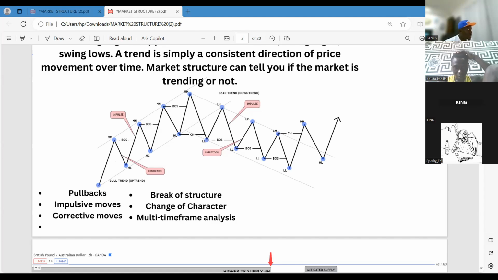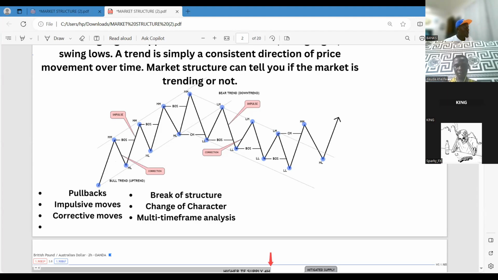But the moment you switch to the smaller time frame, let's say the 5 minute or the 15 minute, you are going to see this pullback as a series of lower lows and lower highs. So the 4 hour pullback is a whole different trend on the smaller time frame.